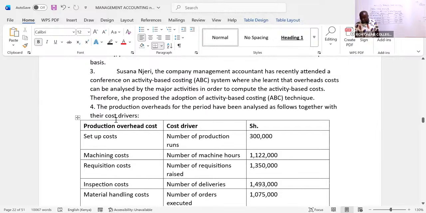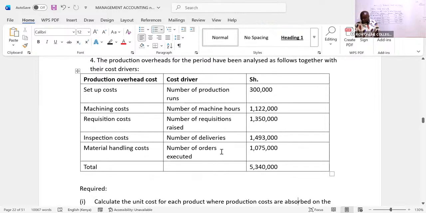If you go after note number 4, you'll be able to see the cost drivers there. We have number of production runs that I have, and number of machine hours that I don't have. It's only machine hours we shall need to introduce onto our table.